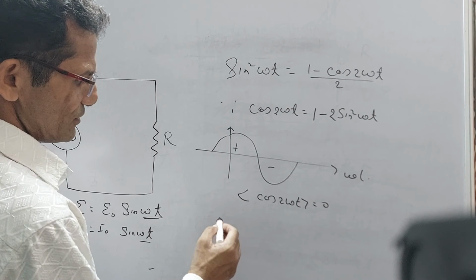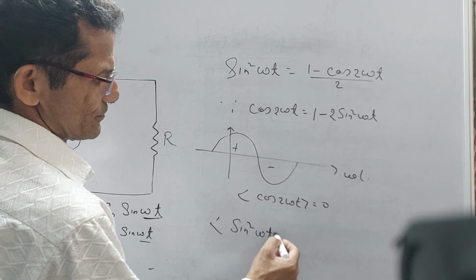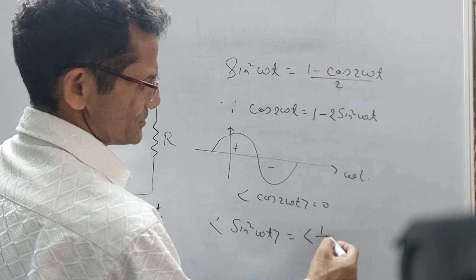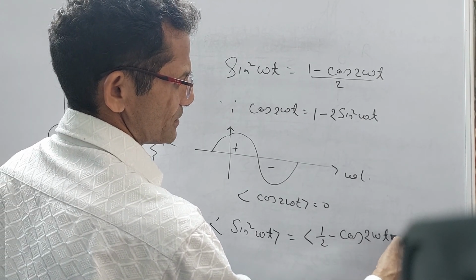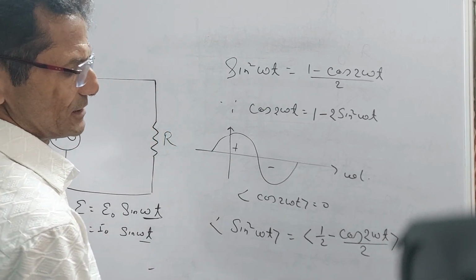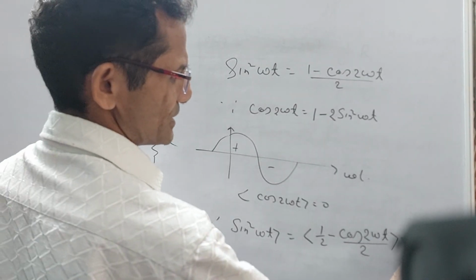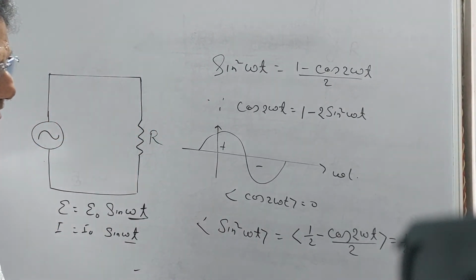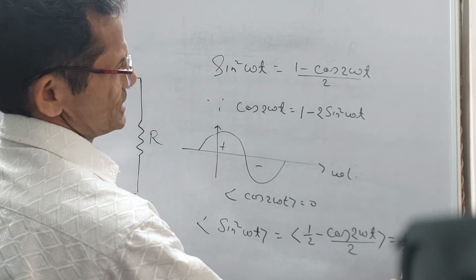The average of sin square omega t is the average of 1 by 2 minus cos 2 omega t divided by 2. We already know that the average of cos 2 omega t is 0. Therefore, the value comes out to 1 by 2. In this way, I placed sin square omega t equal to 1 by 2 in the previous part.